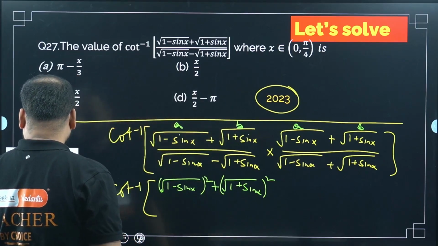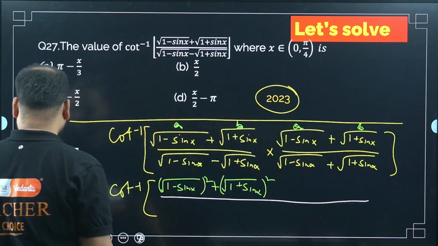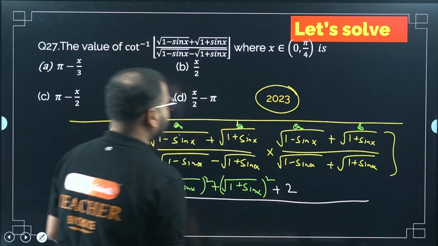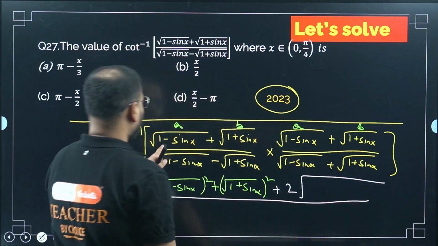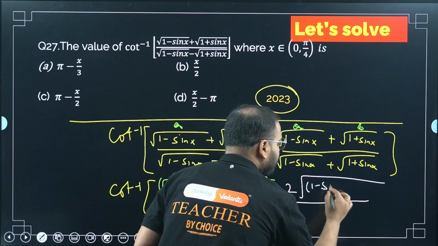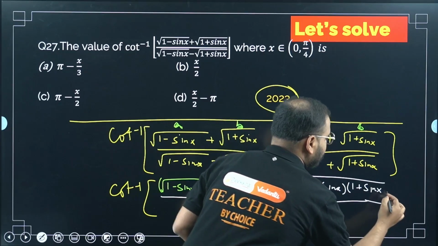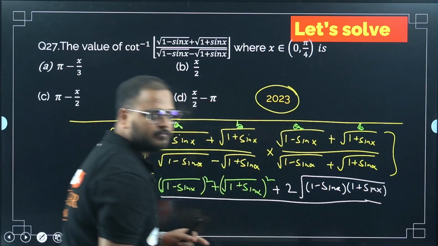It's a little bit calculative, not much. So this will look like plus 2 times this into this. I can write it in terms of only one root: root of 1 minus sine x times 1 plus sine x. So I've clubbed the root. This root into this root will be the root of the product.